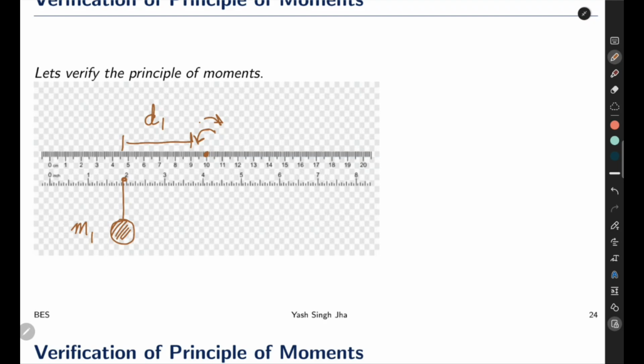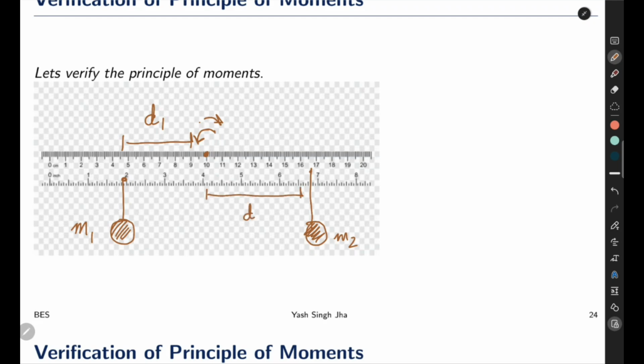Now we will take another mass m2 and hang it on the ruler at a point such that the ruler stays horizontal.